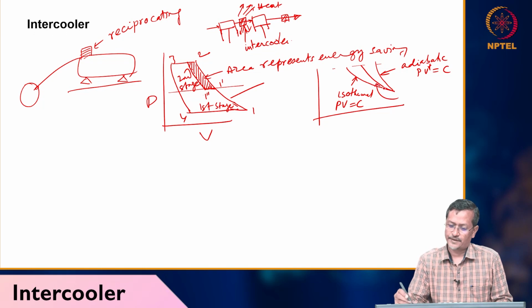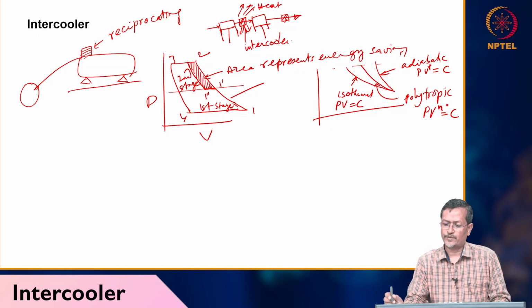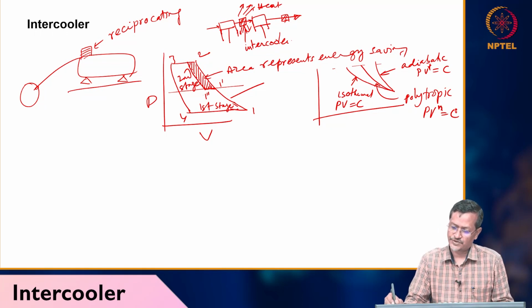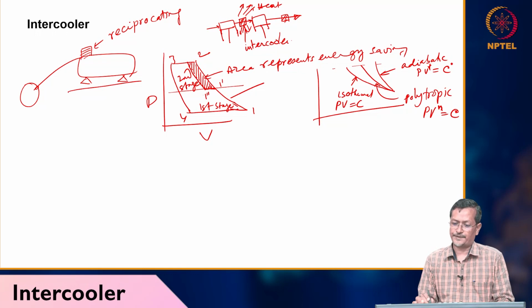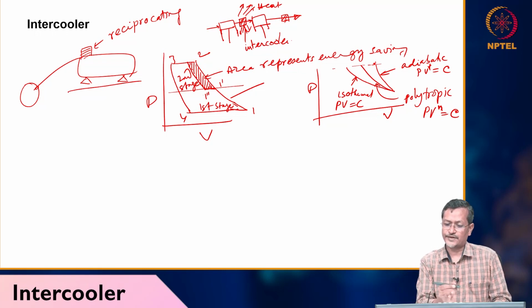This is polytropic, PV^n equals C. So gamma is normally 1.4, n value maybe 1.33 or something. Because this is a polytropic process, the n value will be changing. This is V, this is P. So our target will be to reach towards isothermal.